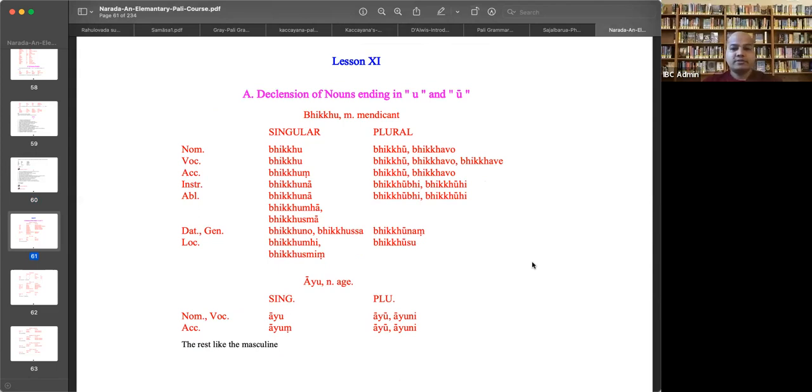I don't have to repeat it again. I have been saying it many times already in the previous classes. Now let us look at this lesson here. Now you have a different declension of nouns ending in short u and long u. The example of a masculine gender noun ending in short u is bhikkhu.